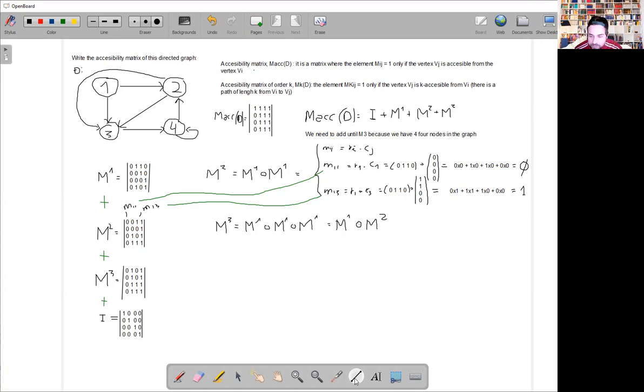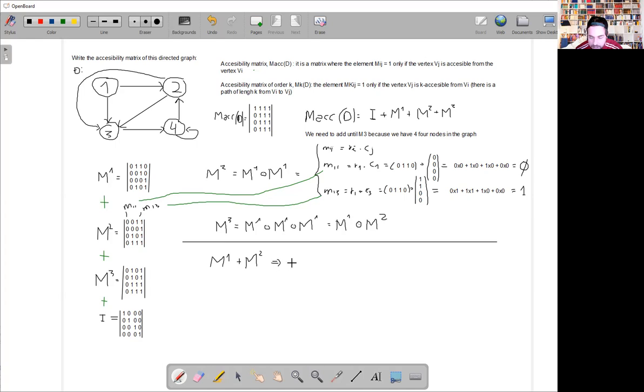Okay, so how do we add these matrices? In this case, for the addition of these matrices, let's do M1 plus M2, for instance.